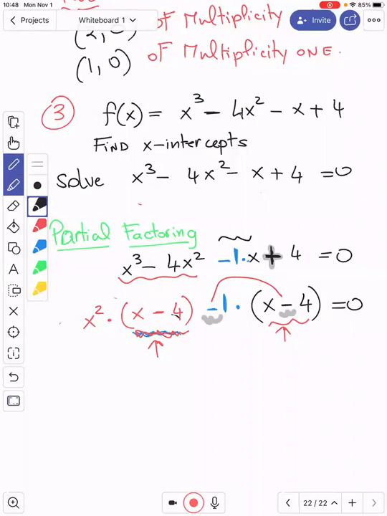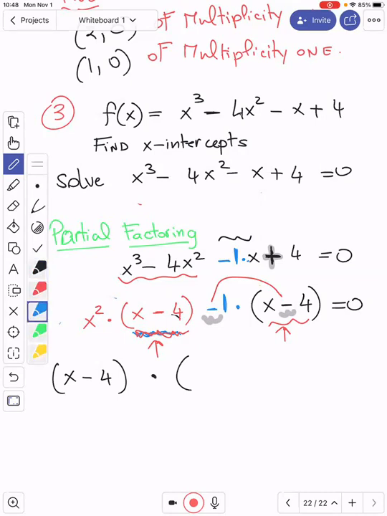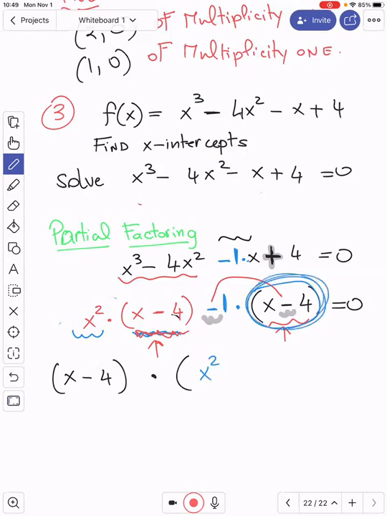Now x minus 4 is a common factor. So you pull out the x minus 4 times, and you're left with x squared in the first term. Here's my x squared. Then if you pull out this x minus 4 right here, you are left with negative 1.